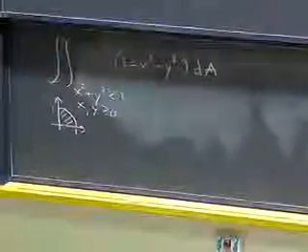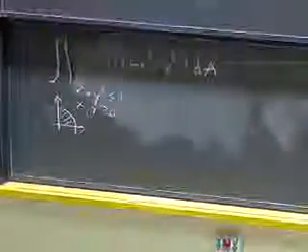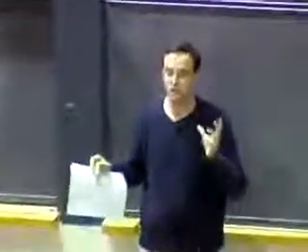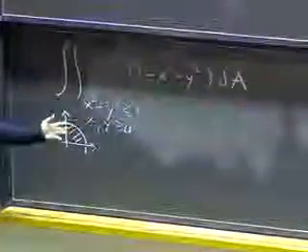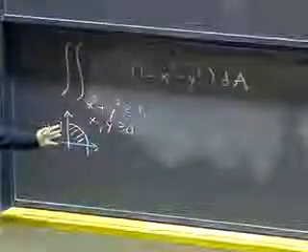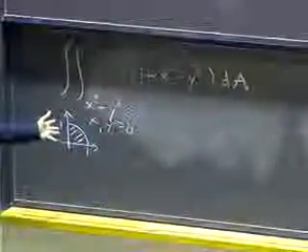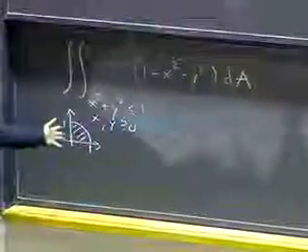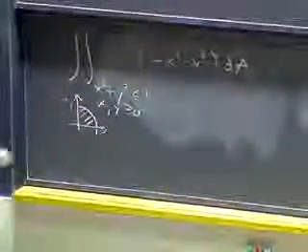Hopefully I convinced you that we can do it using enough trig and substitutions, but it's not very pleasant. The reason is that using x and y coordinates here doesn't seem very appropriate. So in fact, we can use polar coordinates instead to compute this double integral.